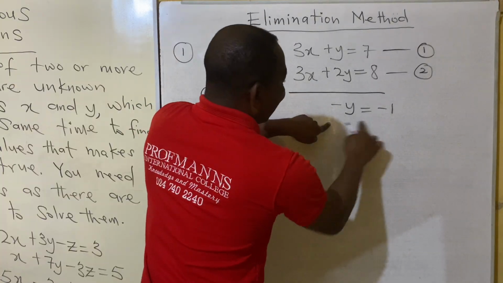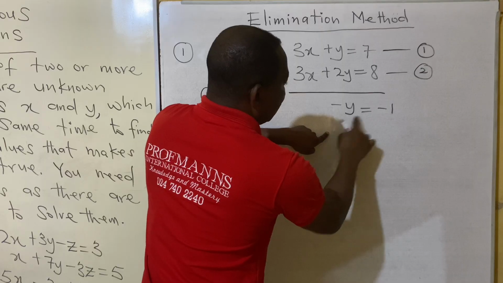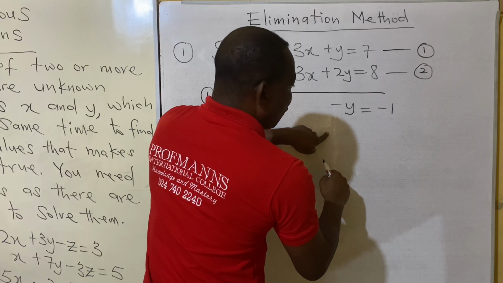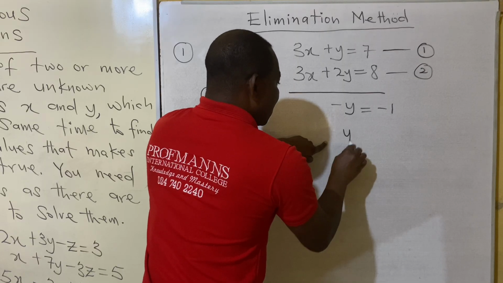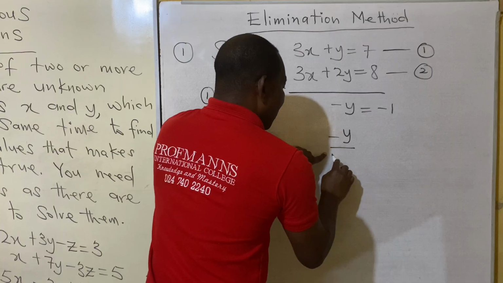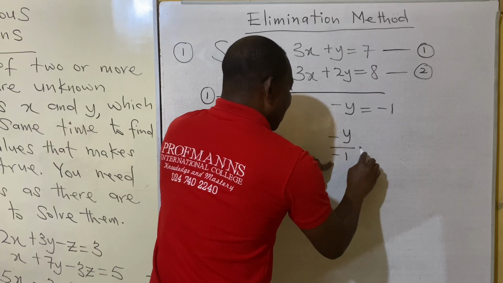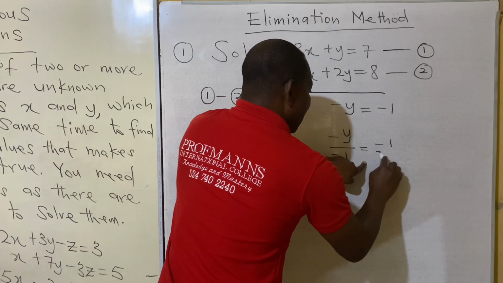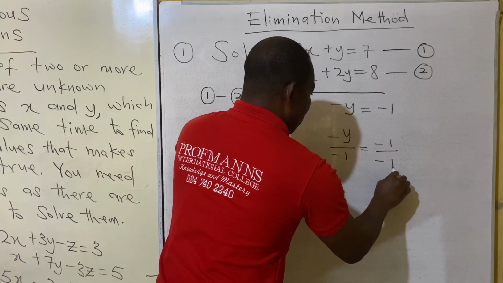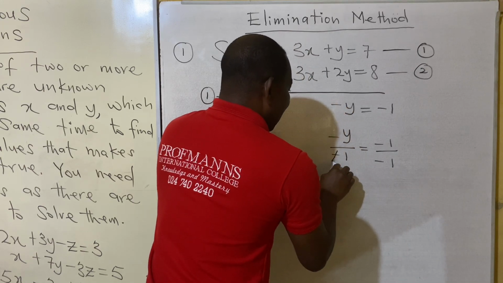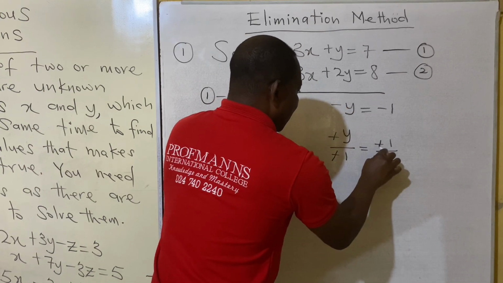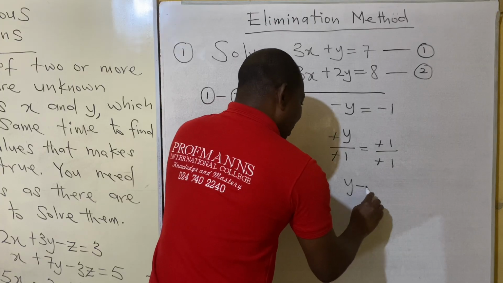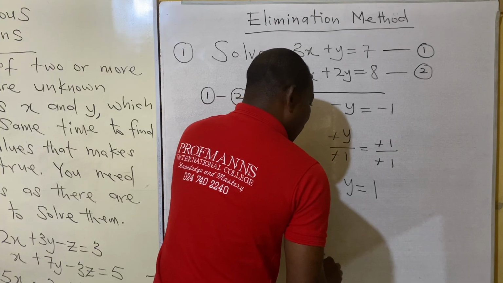We divide both sides by minus 1 to get the value for y. So it becomes minus y over minus 1 is equal to minus 1 over minus 1. Negative cancels negative. So we have y is equal to positive 1.